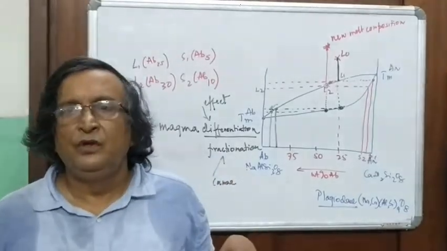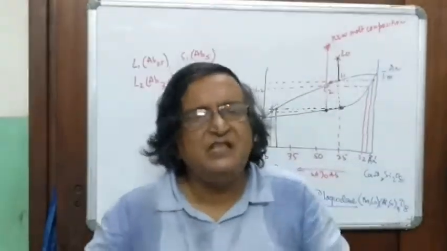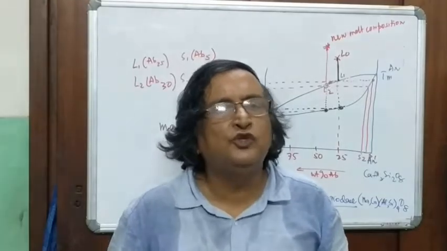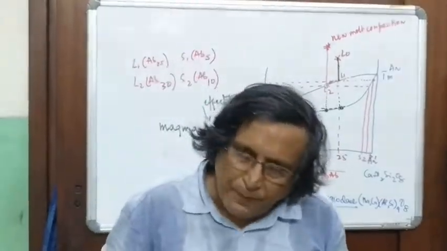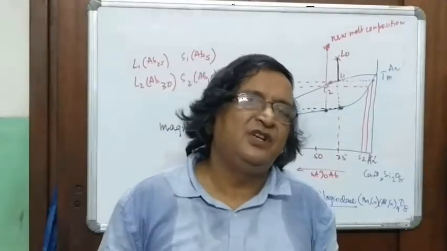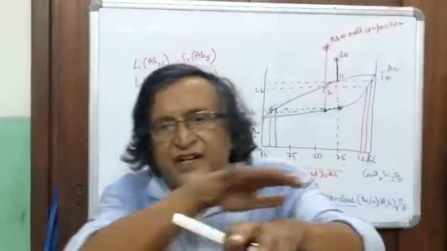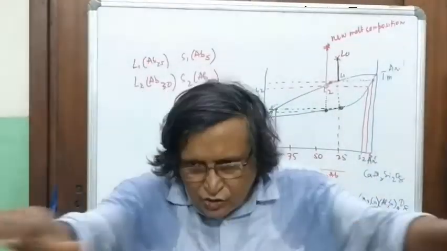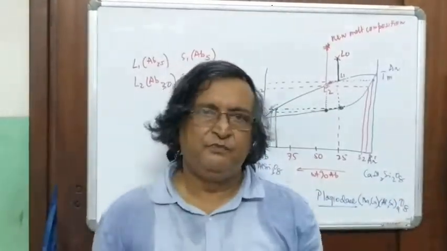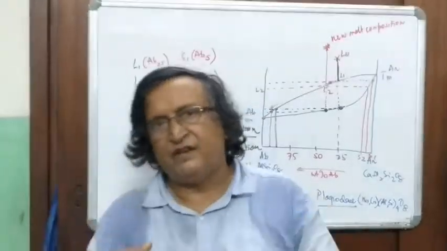But we know that the mantle is not so diverse as is expected when we see the diverse rocks that are present on the crust. So essentially, this diversity of the rocks of the crust is not because the mantle is diverse in nature. No, the mantle is much, much less diverse.